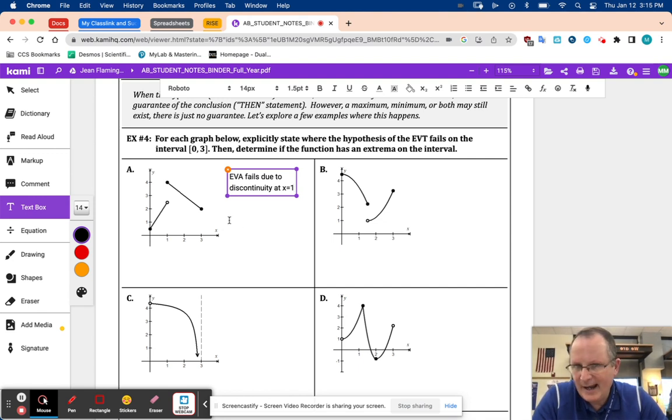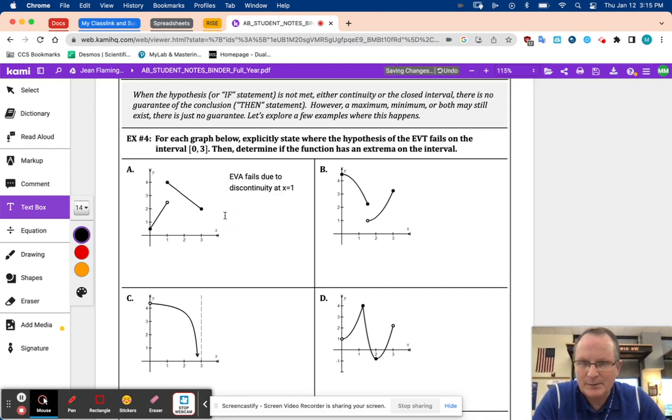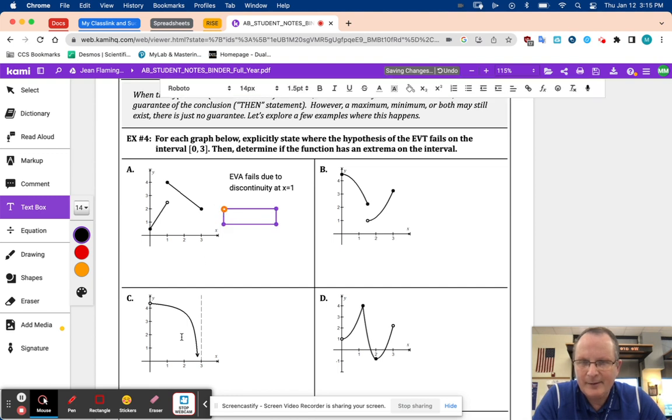However, we still have maximum and minimum values. You can see looking at the graph, there is an absolute max of 4 when x equals 1.